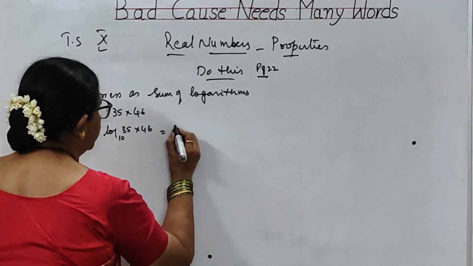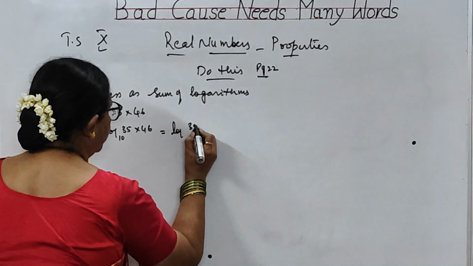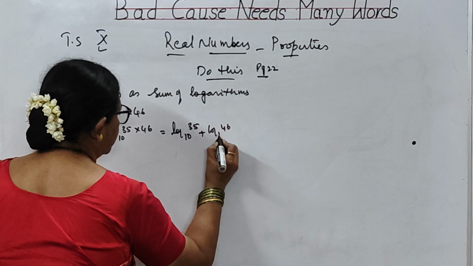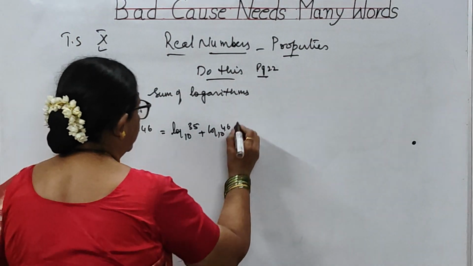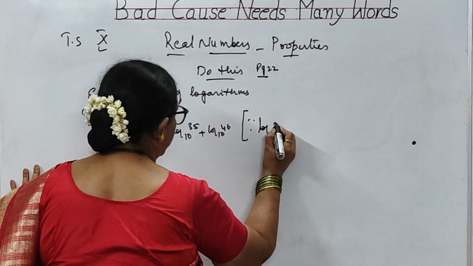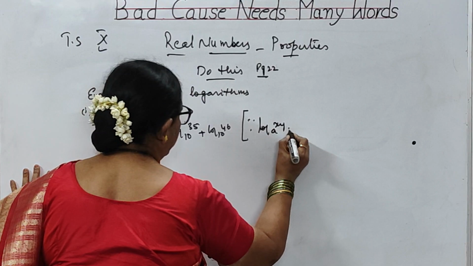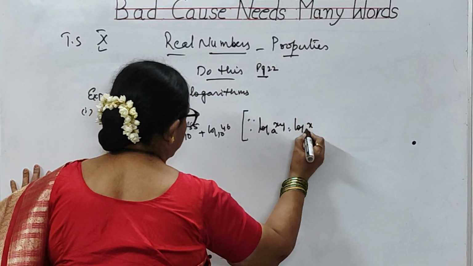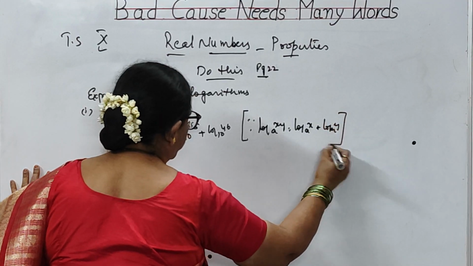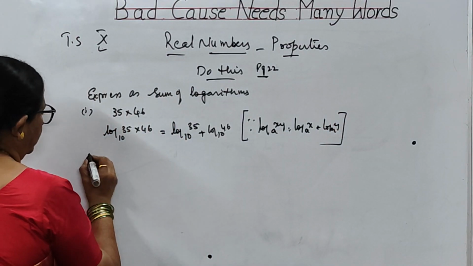So this is nothing but log 35 to the base 10 plus log 46 to the base 10. What is the reason, children, here? Because log xy to the base a is equal to log x to the base a plus log y to the base a. This formula we have utilized here.